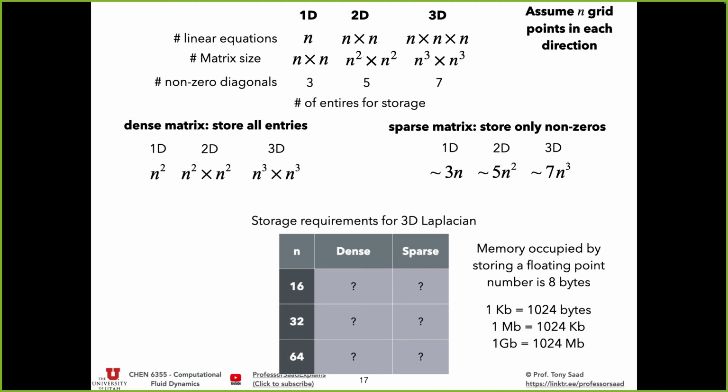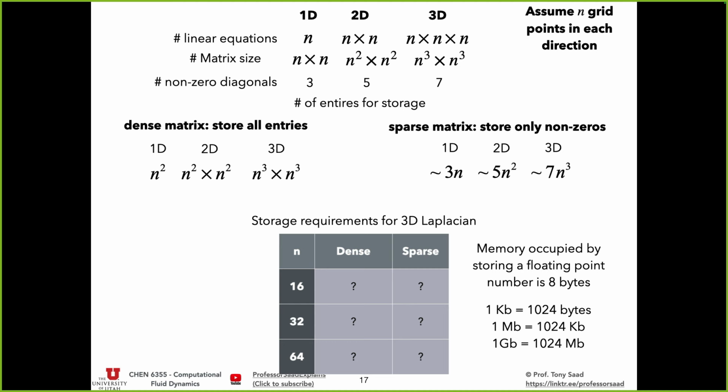Just give me this number. 16 cubed is 16,777,260. Times 8. 134,217,700. Okay, divide by 1024. Divide by 1024 again. 128 megabytes. Yep. 128 megabytes. Okay. Now do 7n cubed.